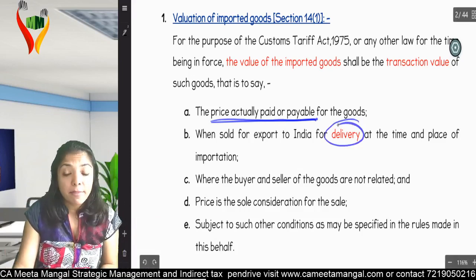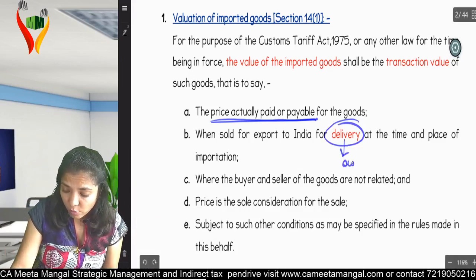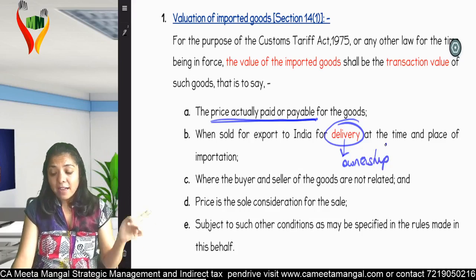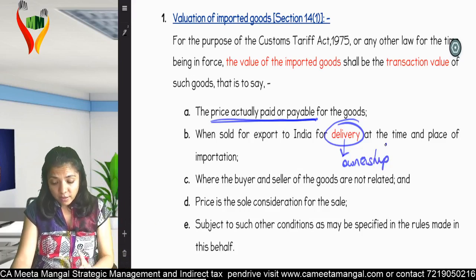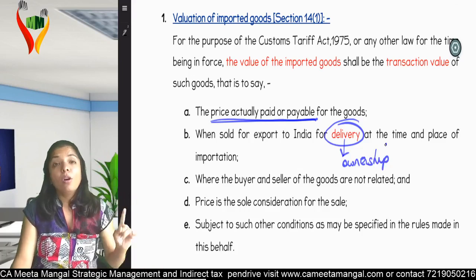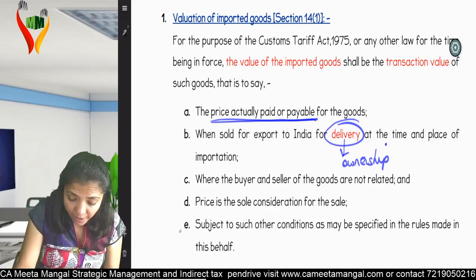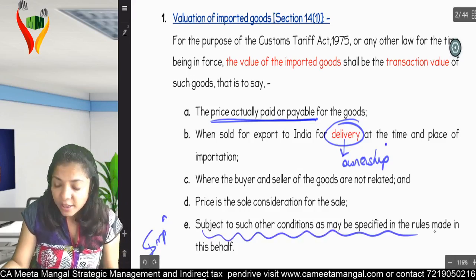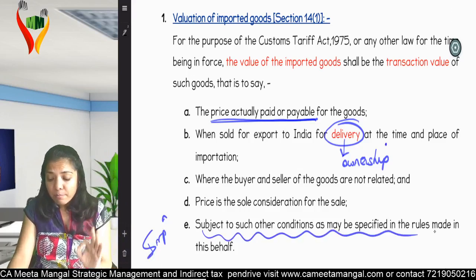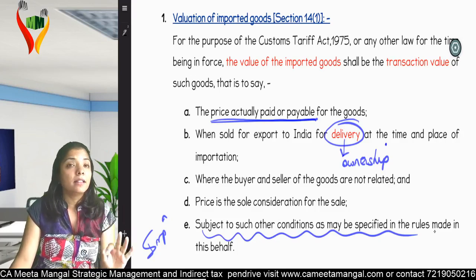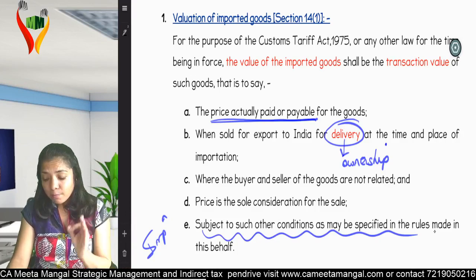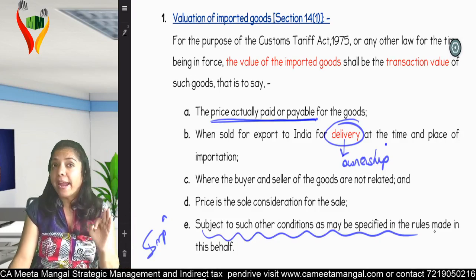For delivery, delivery means ownership, at the time and place of importation, where buyer and seller are not related, when price is the sole consideration, and subject to such other conditions as may be specified in the rules made in this behalf.